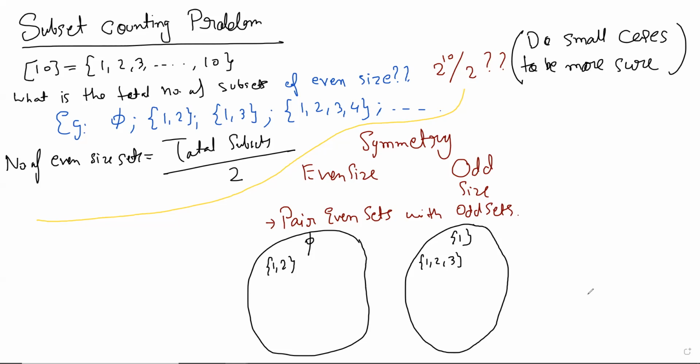Why are we pairing? Yeah, that's a very important question. Why are we pairing even with odd?